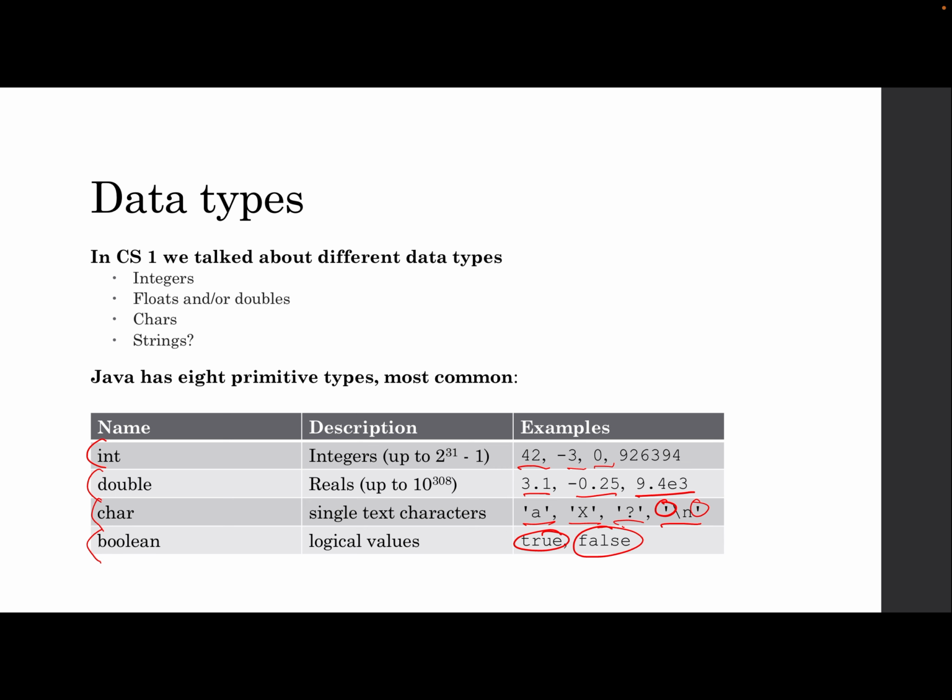These 4 types are going to show up constantly in all of your Java programs. There are other types that are available, but these 4 are the top ones that you should know about, and they're the best ones for just getting started in Java. But as we continue throughout the semester, we're going to see that choosing the correct data type is often as important as writing the algorithm itself.